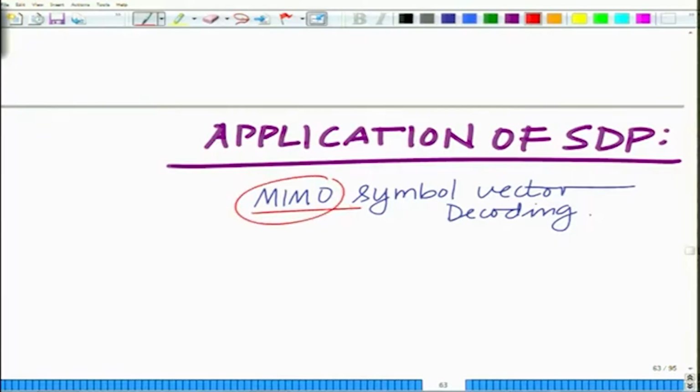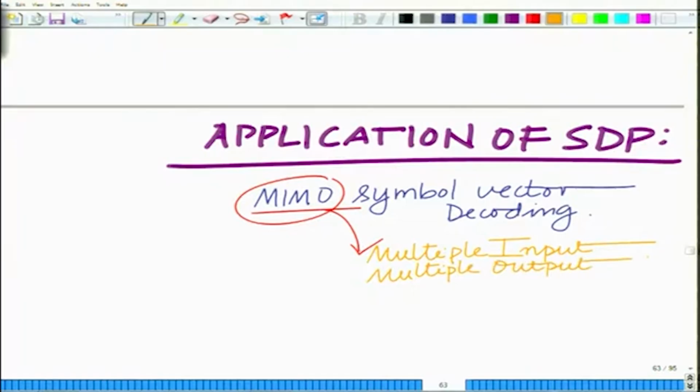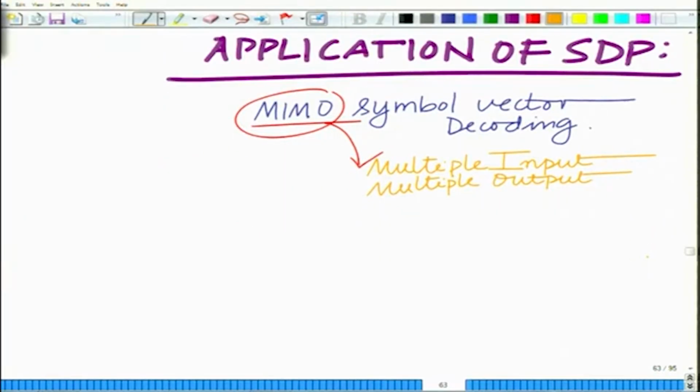As you well know by this point of time, MIMO stands for multiple input, multiple output communication system, which is very popular in the context of wireless to achieve high data rates. And what do you mean by multiple inputs? Multiple inputs means multiple transmit antennas, multiple output means multiple receive antennas.